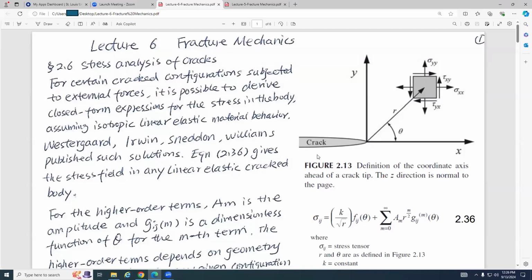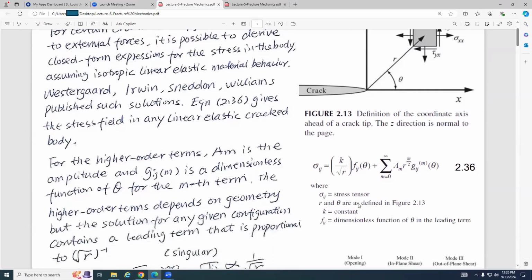So what does this equation say? Sigma ij is the stress tensor.